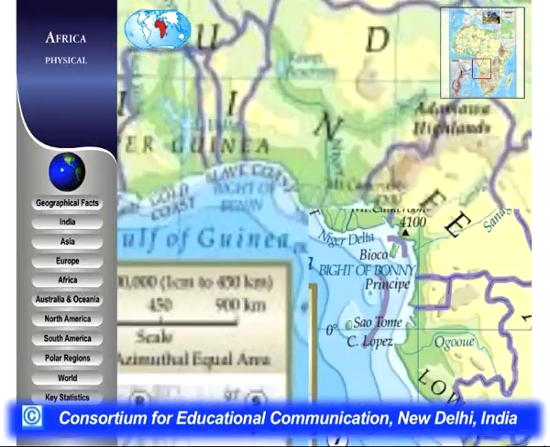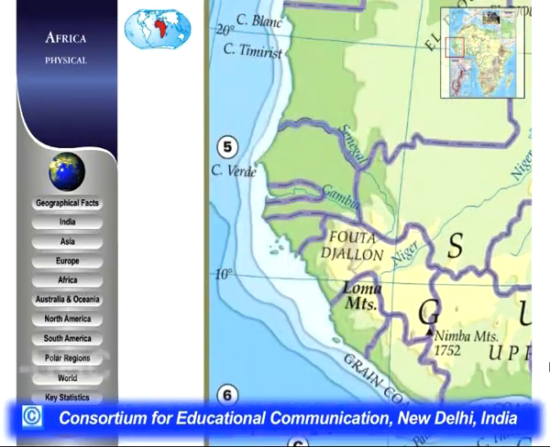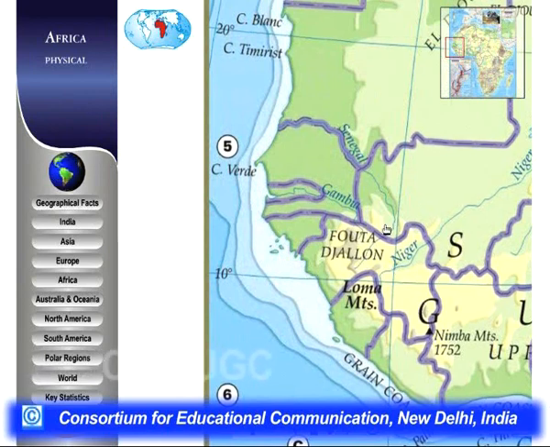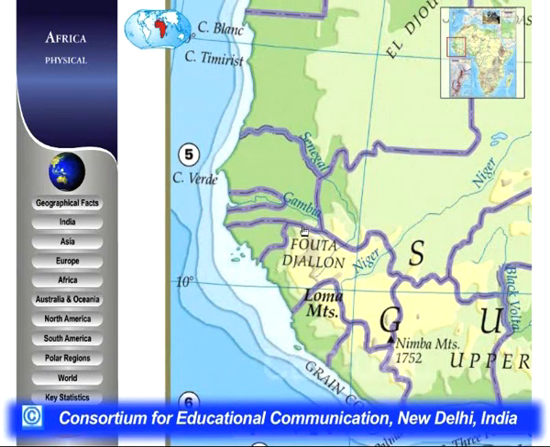Another important river is river Senegal, river Gambia. Senegal and Gambia drain west, and the countries Senegal and Gambia were named after these rivers.